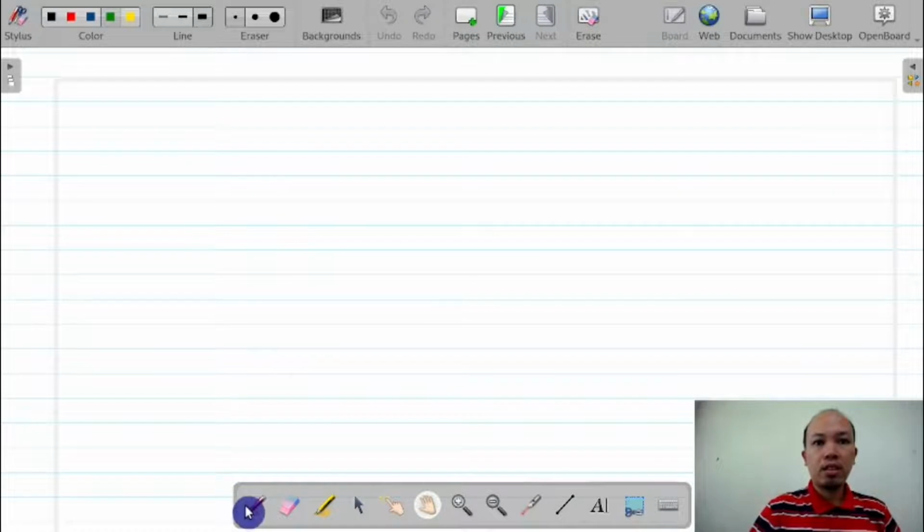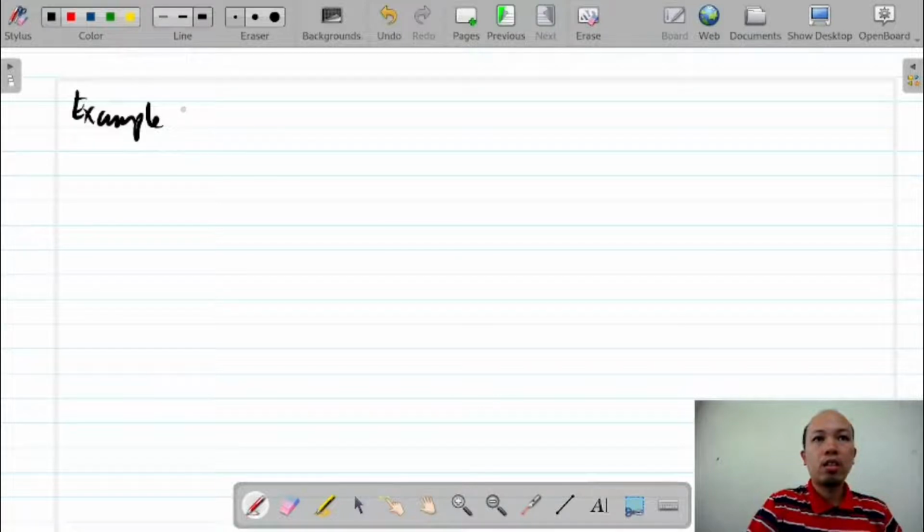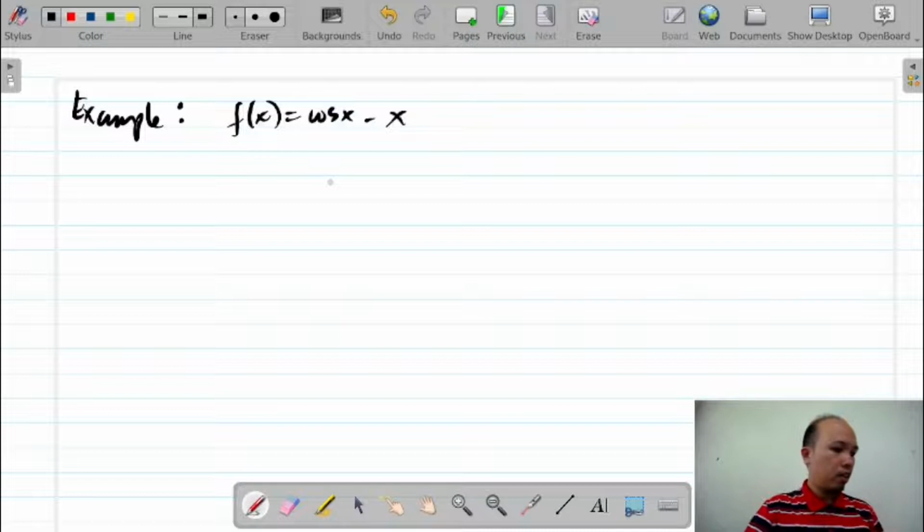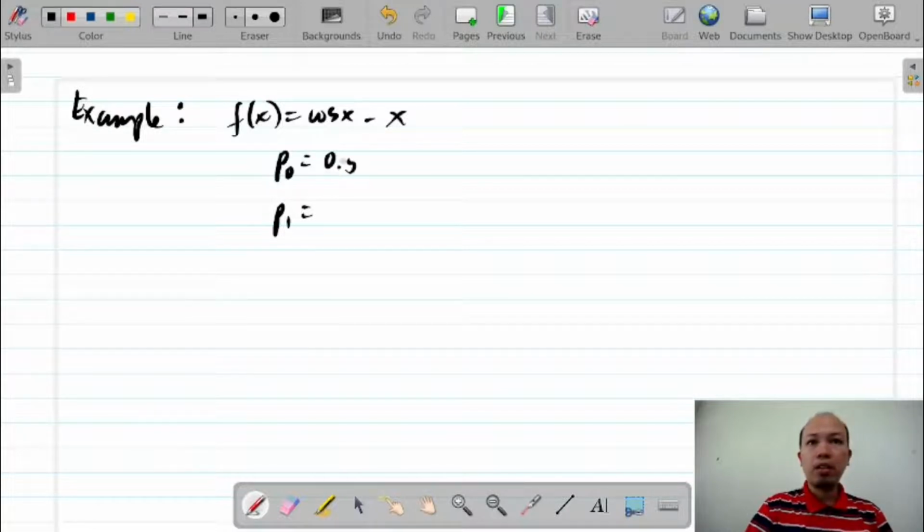Let's have this example: we have a function f of x equal to cosine x minus x, and the iterates p sub 0 and p sub 1, where p sub 0 is 0.5 and p sub 1 is 1.